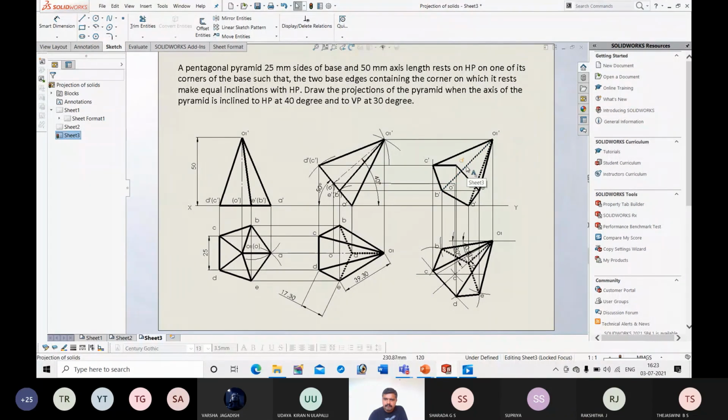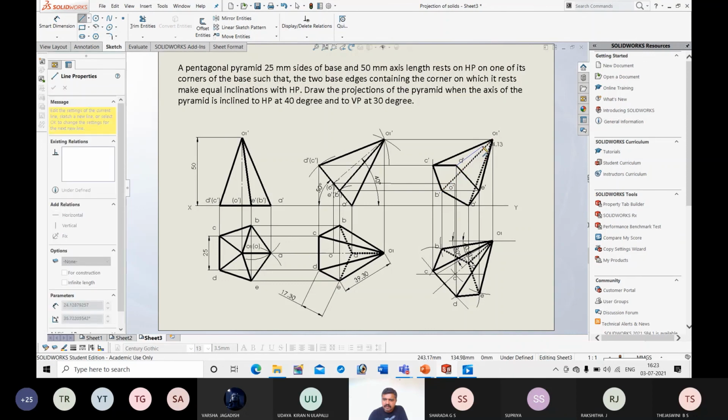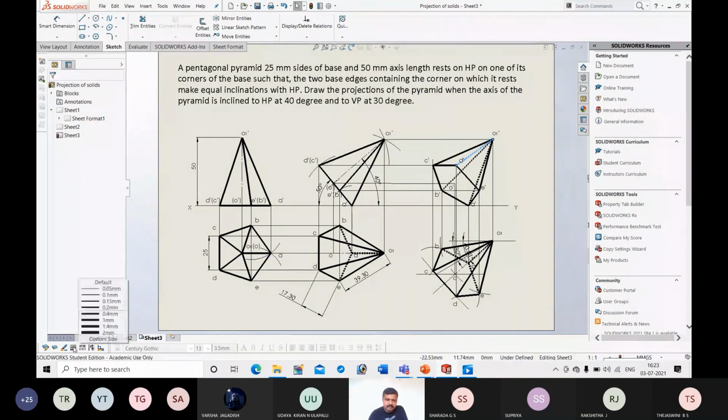Next from D dash, it is connected by two continuous lines. If I draw a continuous one, here no problem, it is not crossing any other continuous lines. So I can draw it as a continuous line.